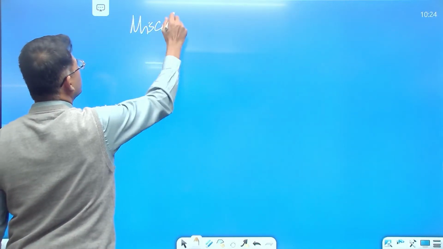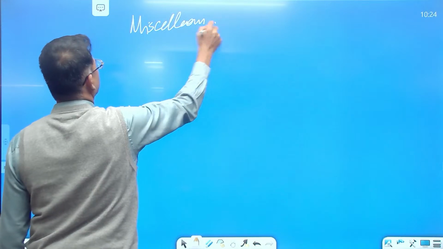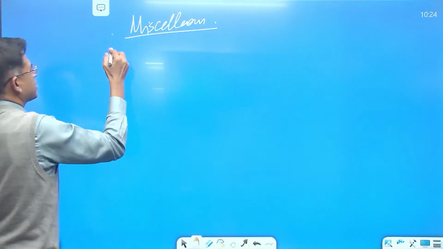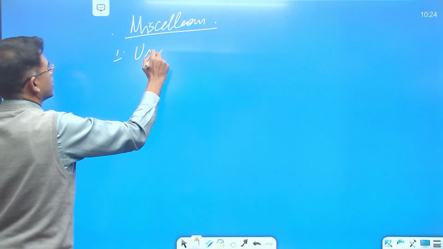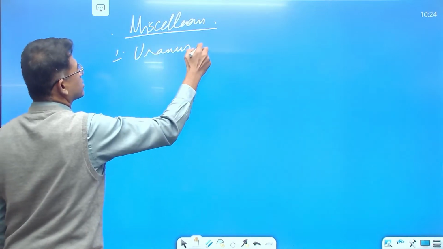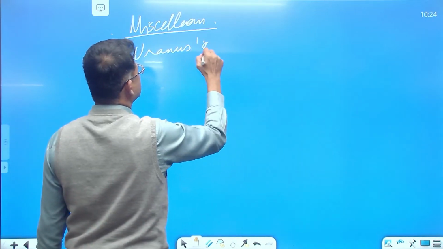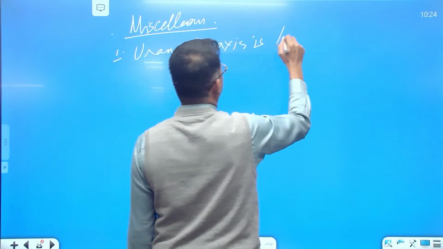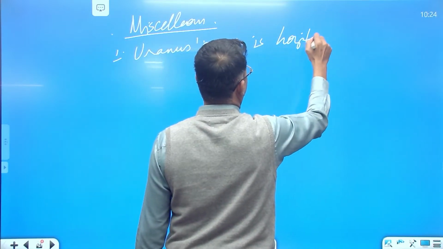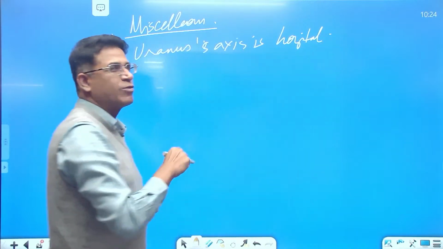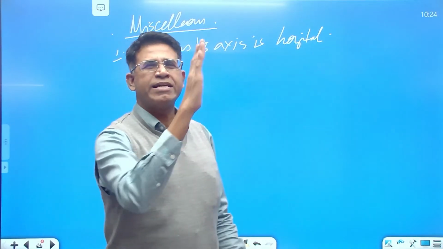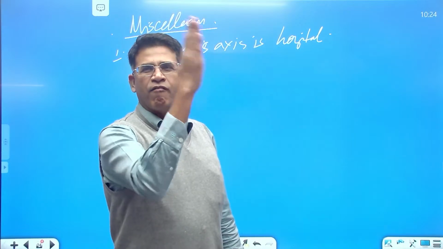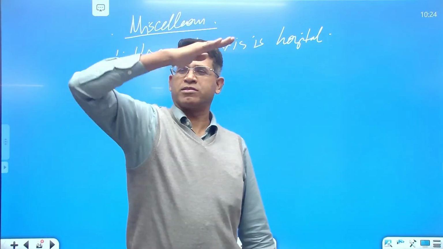There's a lot to tell you. I'm struggling to hold back some things. Miscellaneous, you may just know this, that the Uranus axis is horizontal. That's why we say all other planets spin, whereas Uranus, we say, tumbles.